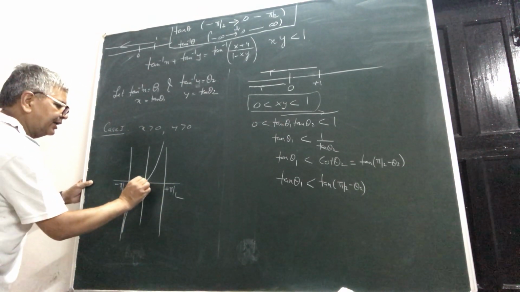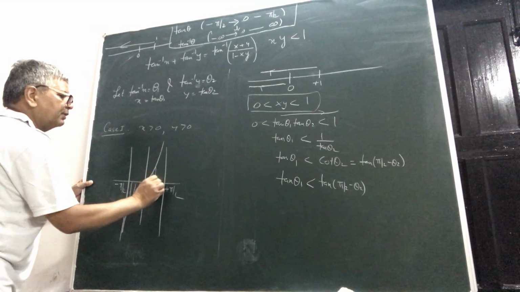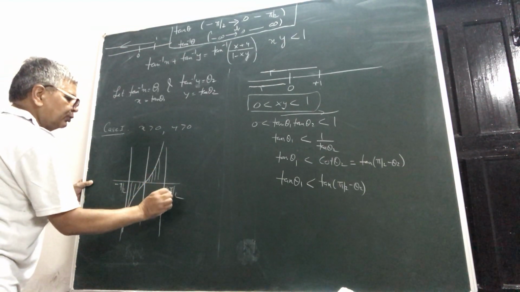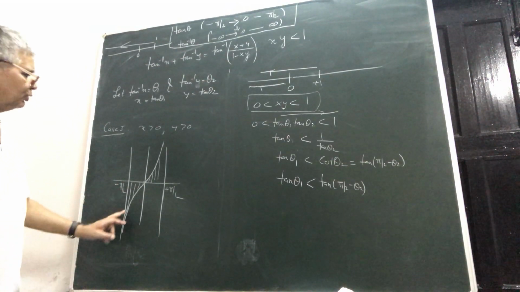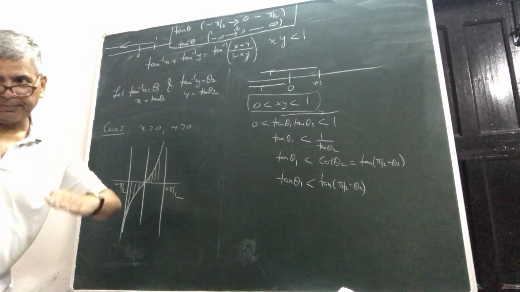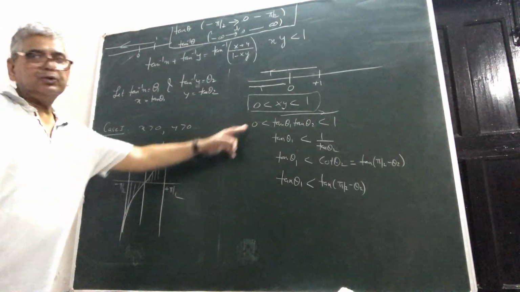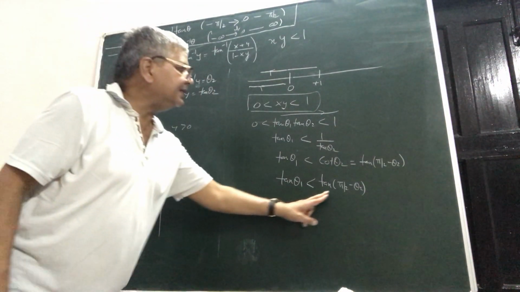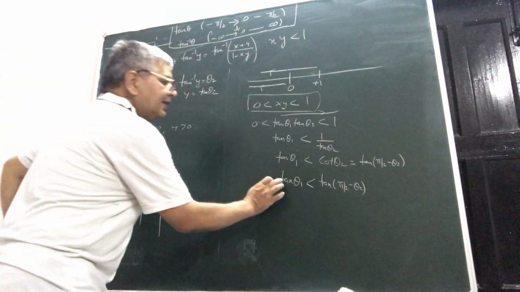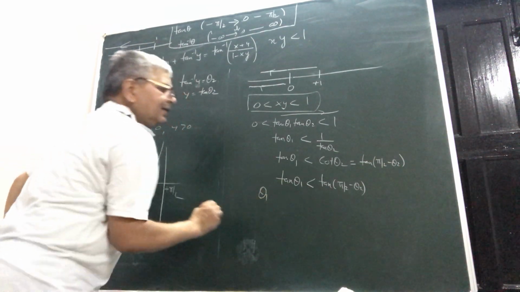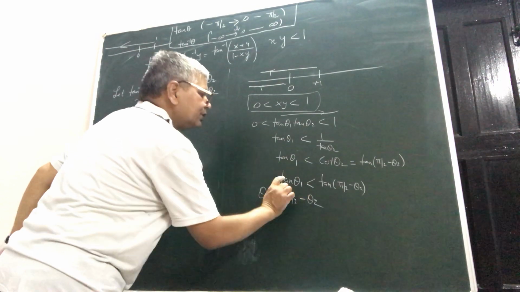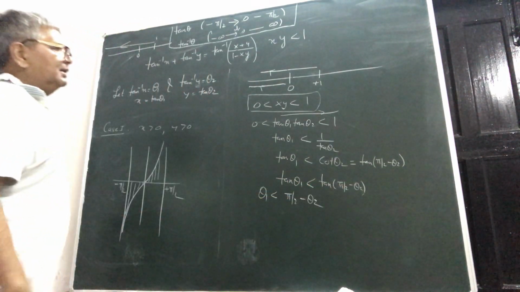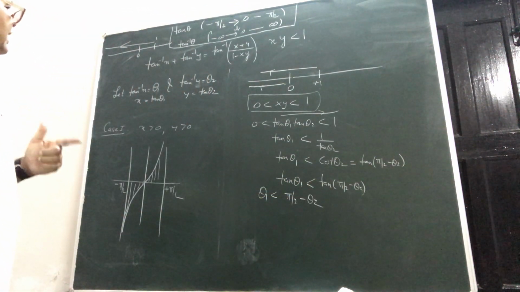Here it is negative, then 0, then plus 1, plus 2, and ultimately at pi by 2 it is going towards infinity, and at minus pi by 2 towards minus infinity. Throughout, as you go from minus pi by 2 to plus pi by 2, the values are increasing. So increasingness will imply that theta 1 will be less than pi by 2 minus theta 2, because tangent theta 1 and tangent of this are within that range.